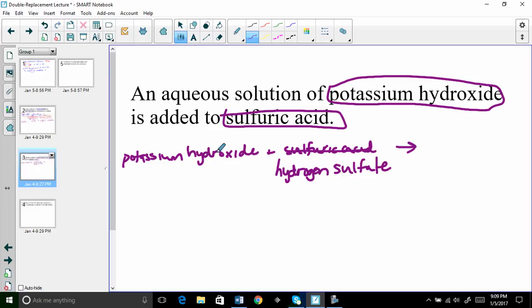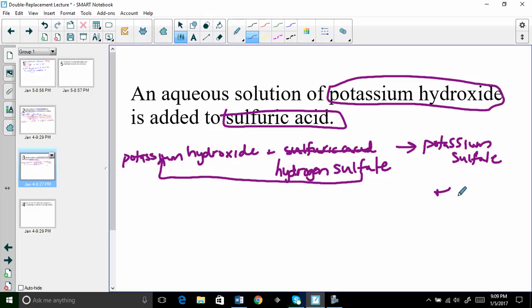Now, why is this double replacement? Because this is a double, first name, last name. This is a double, first name, last name. When this happens, after you write them down, you OI it, so you get potassium sulfate. And then you put the inners together and you get hydrogen hydroxide, and I'm too lazy to write that out because hydrogen hydroxide is H2O.